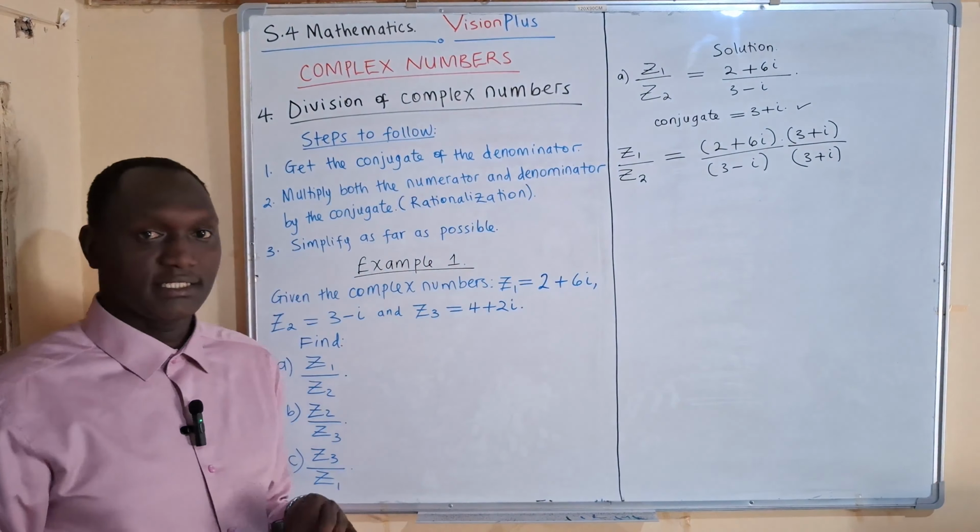After that, let us complete the multiplication. When we are multiplying the numerator, we say 2 times 3, 6. Again 2 times i is 2i. This is just a simple multiplication that we looked at. Then you come to 6i times 3, 18i. 6i times i becomes 6i squared.